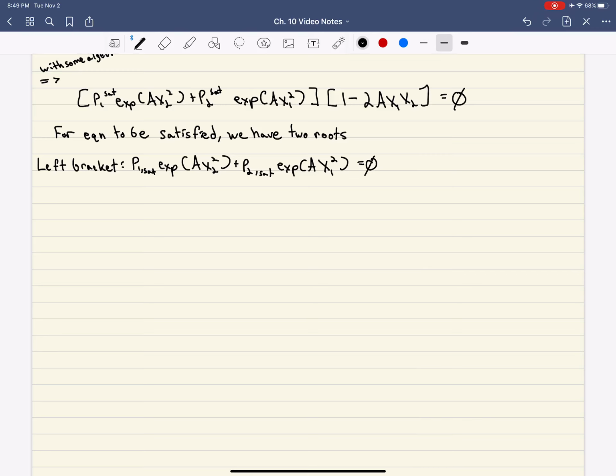We could rearrange this equation so that we have x2 squared minus x1 squared, or if we wrote this only in terms of x1, we would have 1 minus x1 squared minus x1 squared. In any case, this would be equal to the natural log of the ratio between the two vapor pressures.